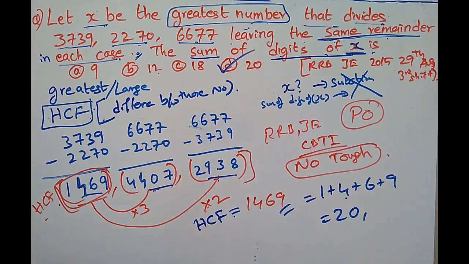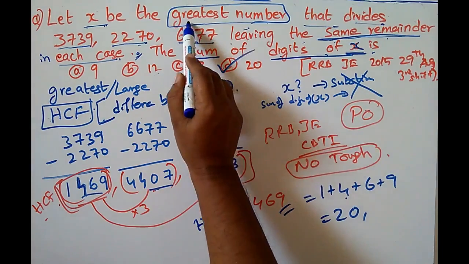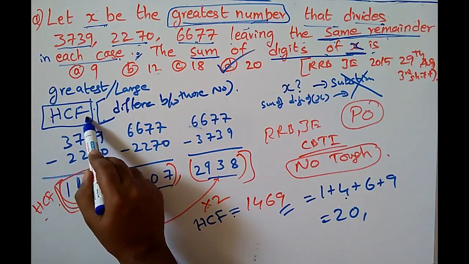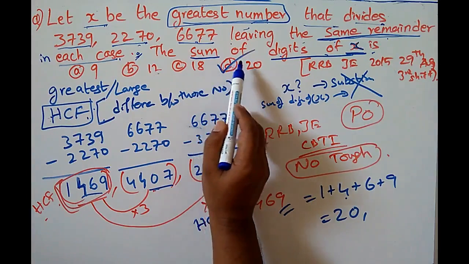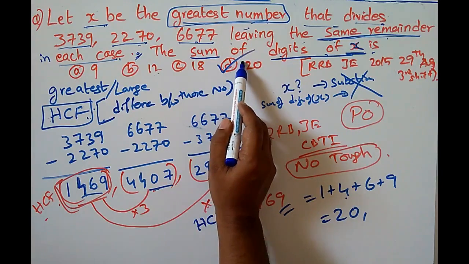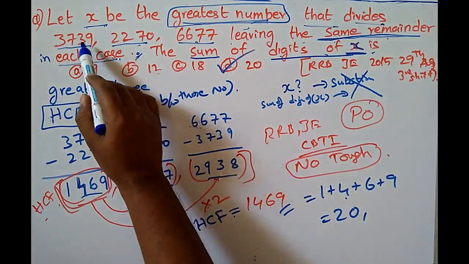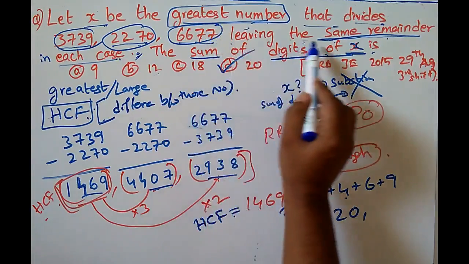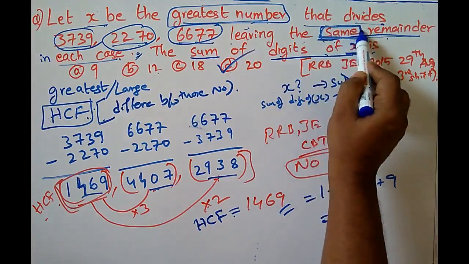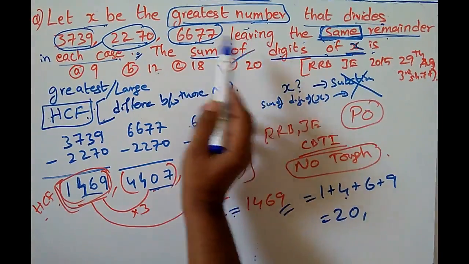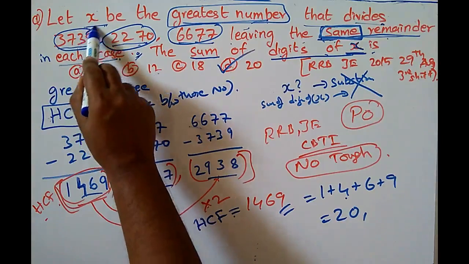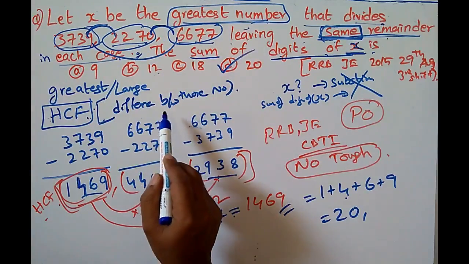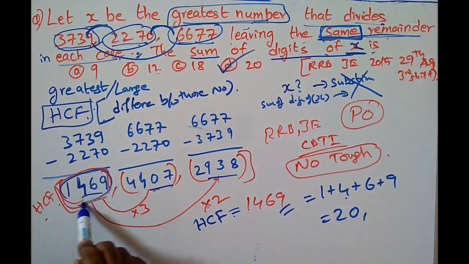Okay friends, once again, if you see a question like greatest number or largest number, we have to find the HCF. If in the question the remainders are given, then you subtract the remainders from the corresponding numbers and find the HCF. If the remainders are the same, then you subtract within those numbers, and we will get the answer.